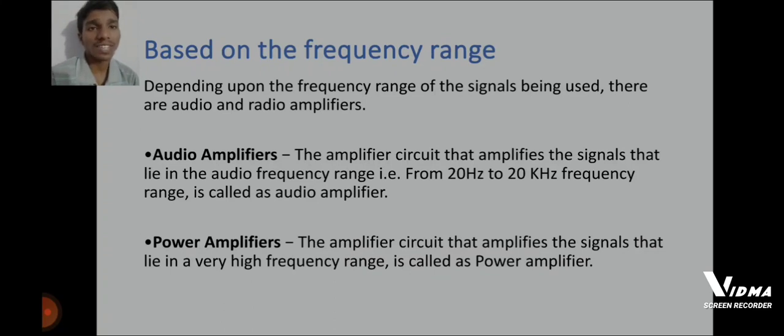Based on the frequency range, the amplifiers are classified into two types: audio amplifiers and power amplifiers. The amplifier circuit that amplifies signals in the audio frequency range from 20 Hz to 20 kHz is called an audio amplifier, and power amplifiers are amplifiers that amplify the high frequency ranges.